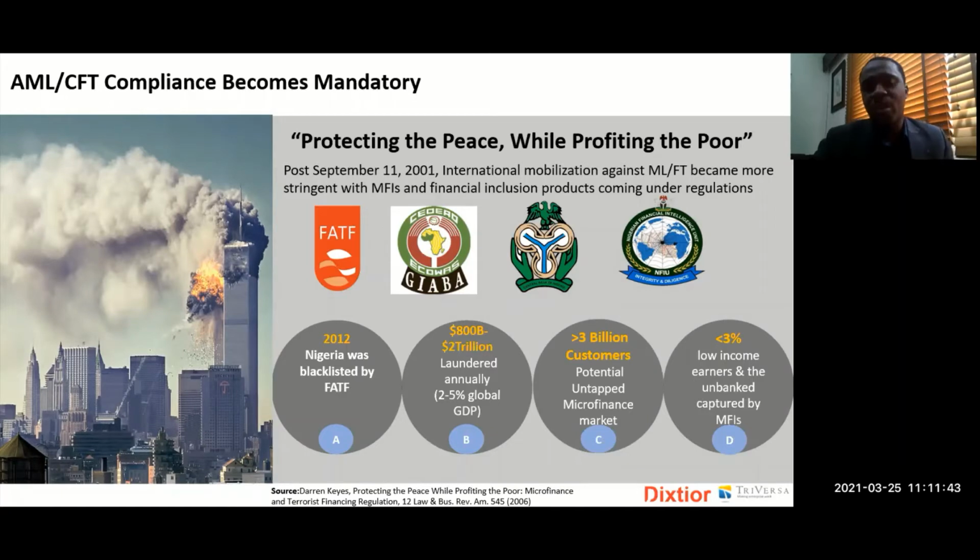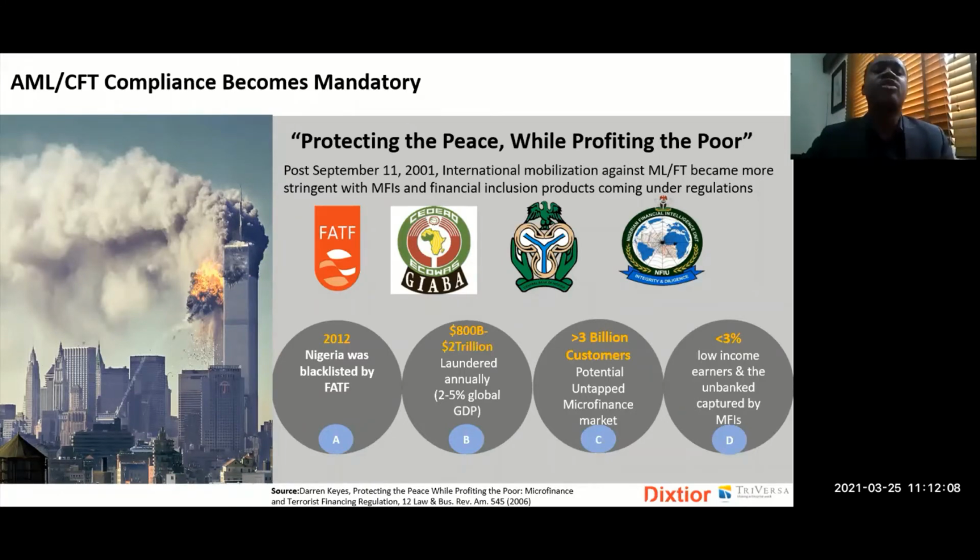But at the same time, there are other concerns as well. This webinar was meant to be directed to microfinance institutions as well as fintechs, PSBs, and what have you. And we know that a lot of the products or institutions were also meant to ensure that while we are protecting the peace, we are also feeding the poor.